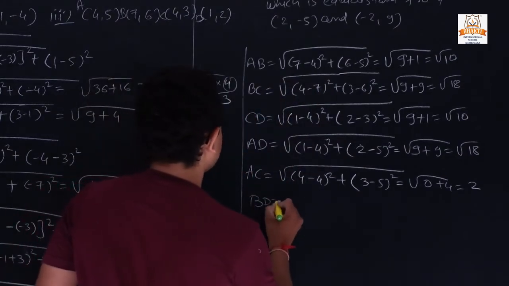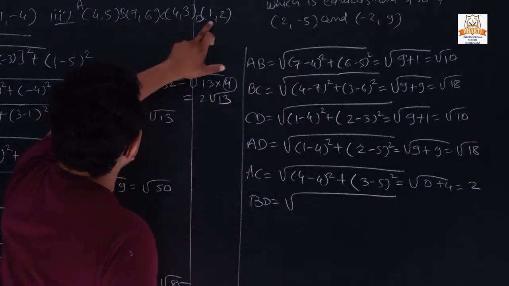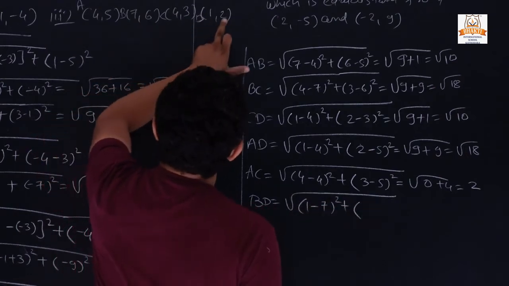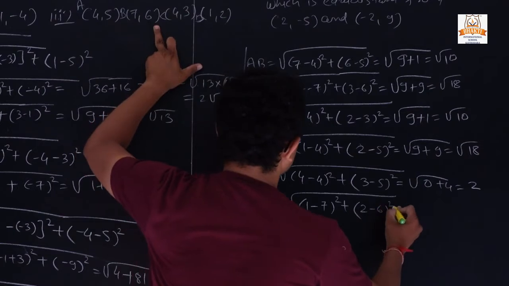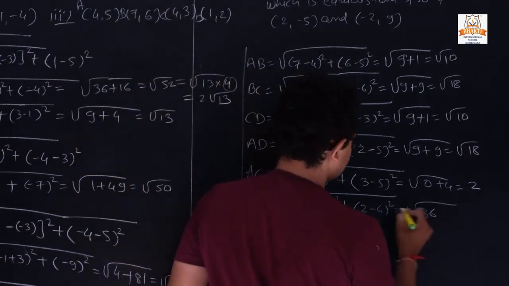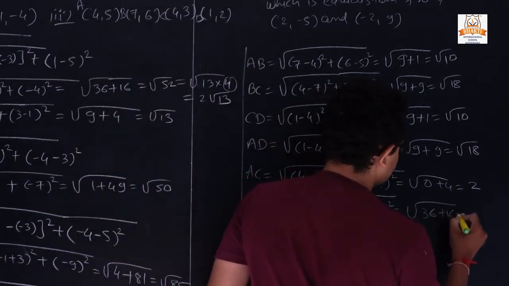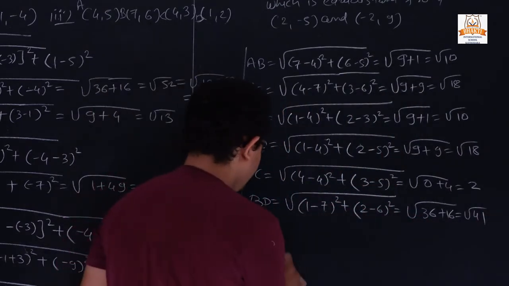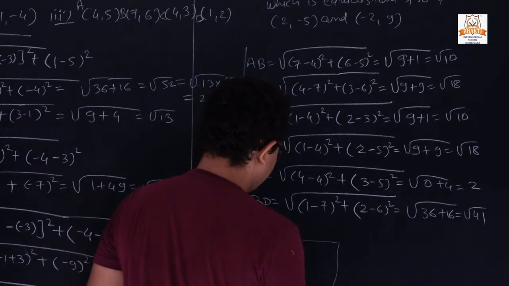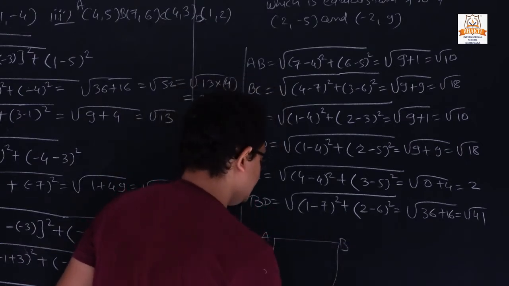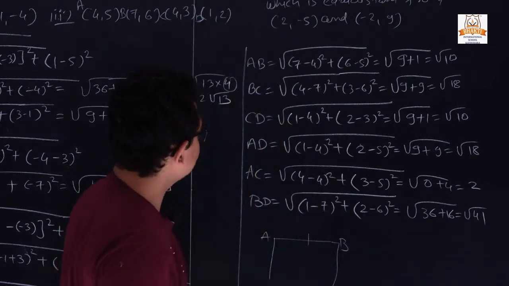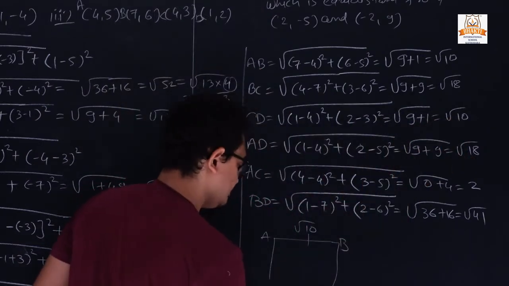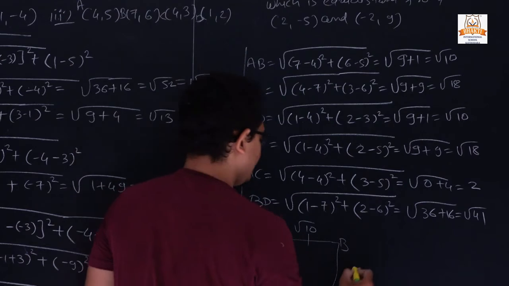We can also find for BD. So 1 minus 7 all square plus 2 minus 6 all square. So 6 square it is 36 and 4 square it is 16. So it is 41. So here see that, if we draw the kind of diagram A, B, C and D, these and these sides are same. See that AB is root 10 and CD is also root 10, and second thing BC is root 18.